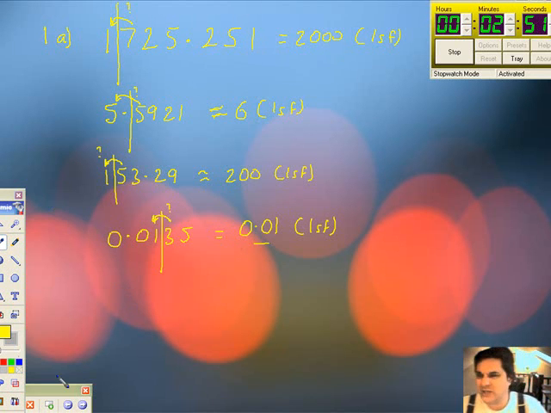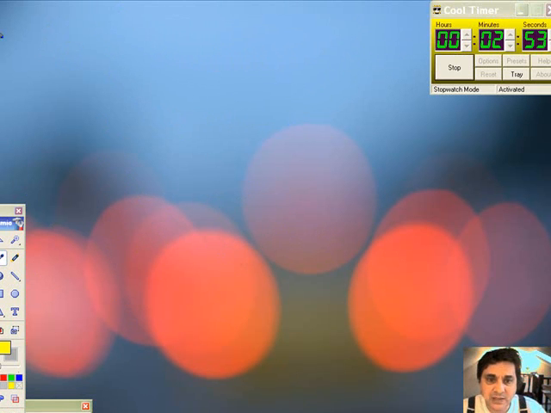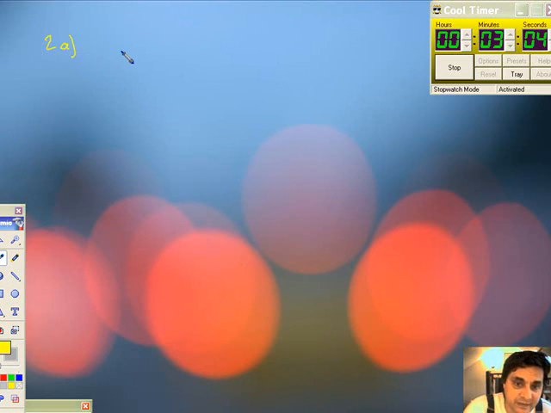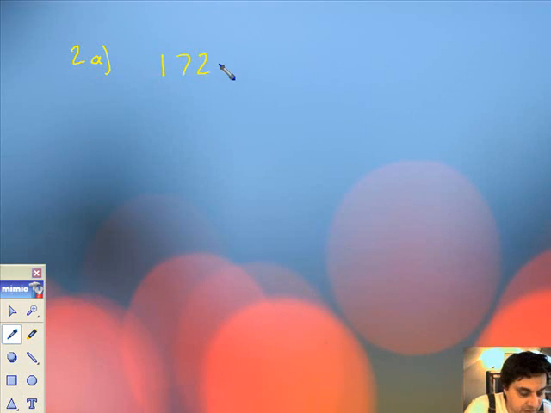In the same way, let's just change page because we're talking about two significant figures now in question 2, and they've got exactly the same questions as in question 1. So let's just do this first one again using 2SF. 1725.251.